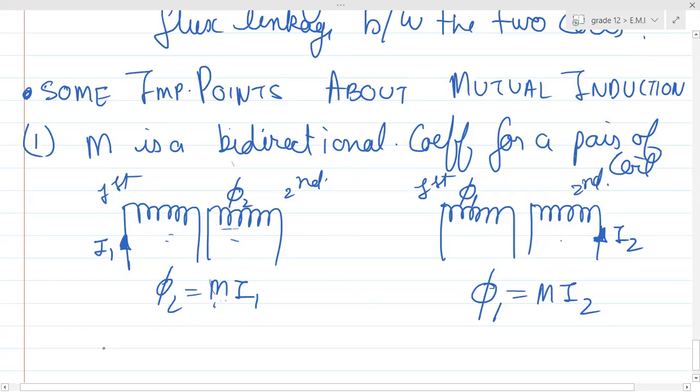Shall I write it? M will be the same if we want to calculate flux in the second coil due to current in the first, or vice versa, or in both cases. Shall I write it like this?